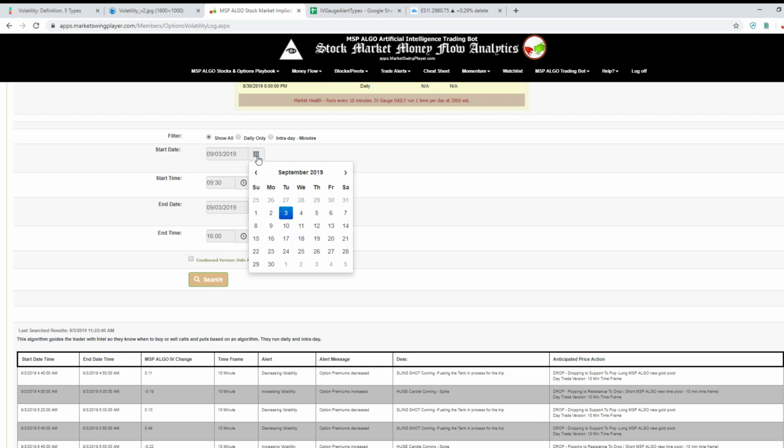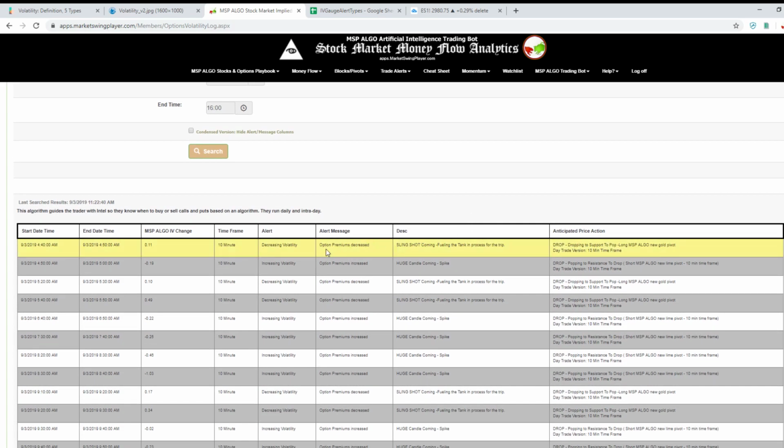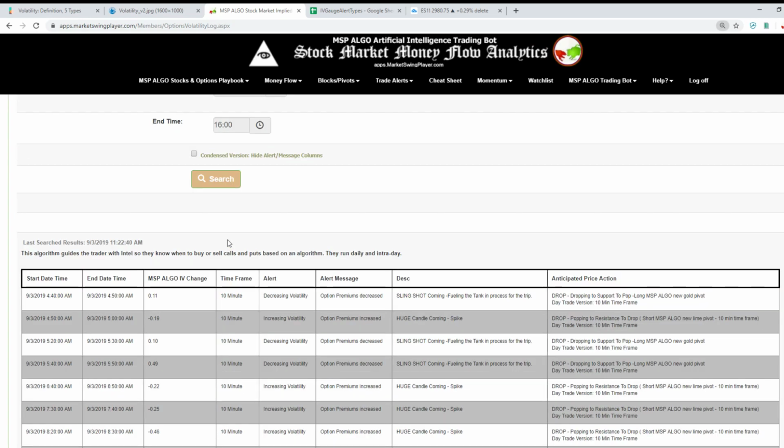We know we could change our date to whatever we want, but we already have a search that we did, and it's saying filter show all. So we have a filter of the 3rd, and we could see that we have some columns here. Let me try to blow this up a little bit if possible.